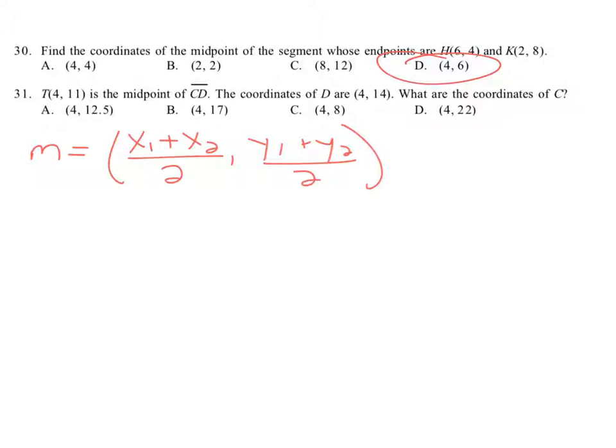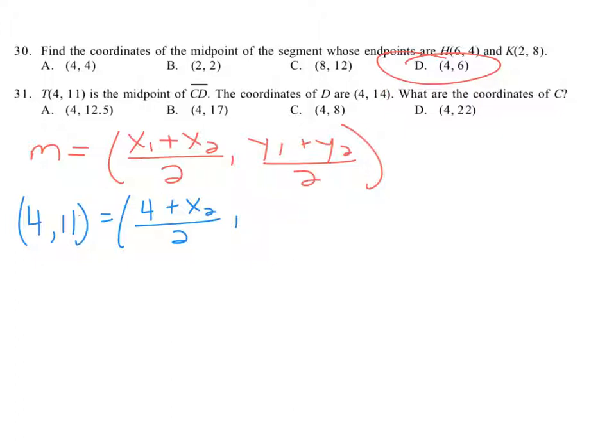So this will be (4, 11) is equal to, and they give us the coordinates of D, one of the 2 points. D is that. So 4 is one of our x-coordinates. So we've got 4 plus x2 divided by 2, comma, and the y-coordinate of D is 14.